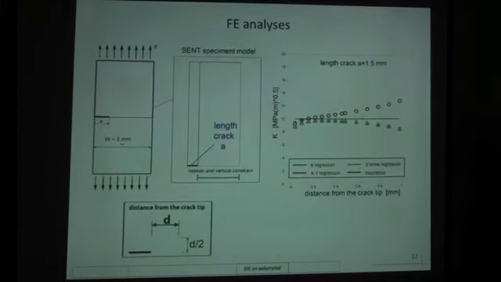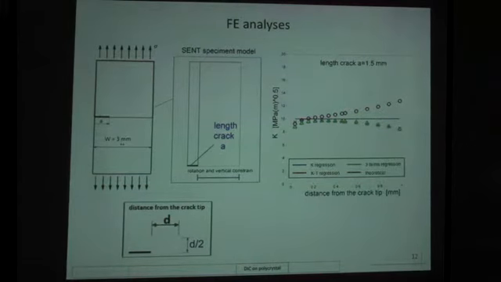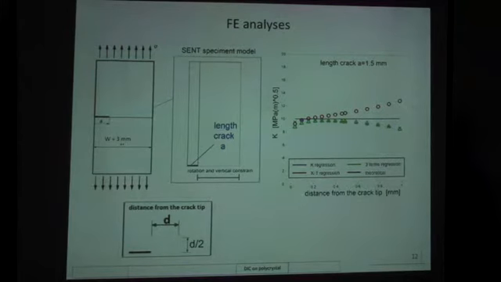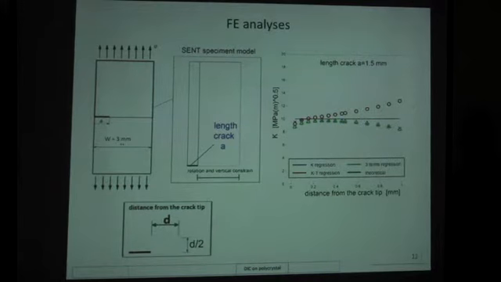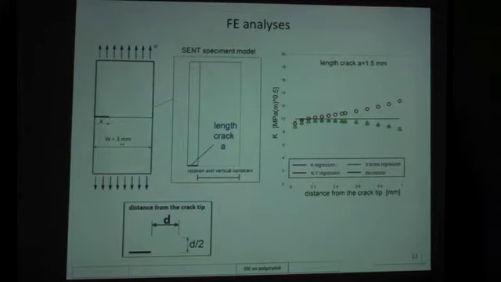And this is the result that we could obtain. The colors are not exactly the same on my screen, but we considered a simple regression with the singular field, a regression also considering the T-stress, and then a regression also considering three terms. And this is the result.